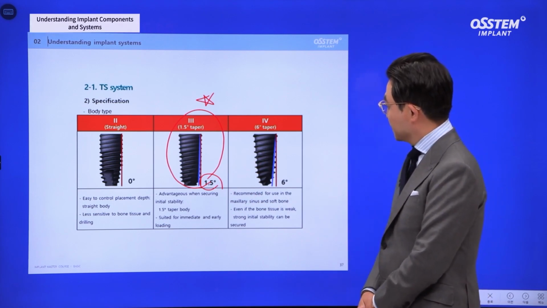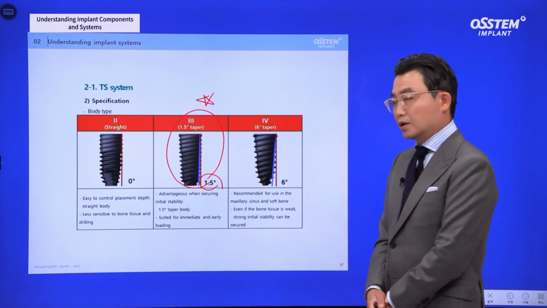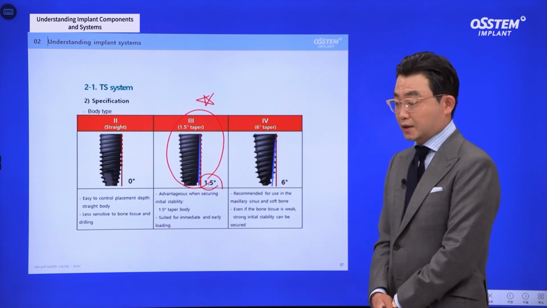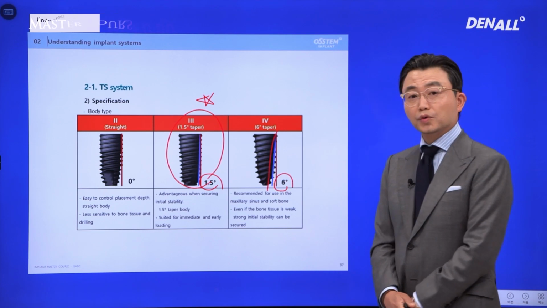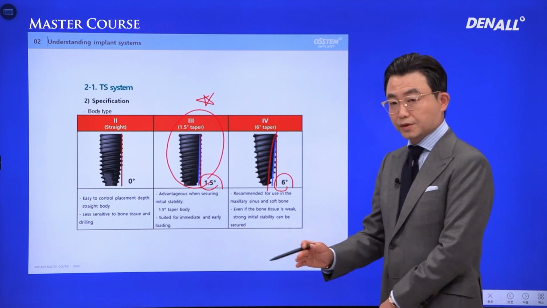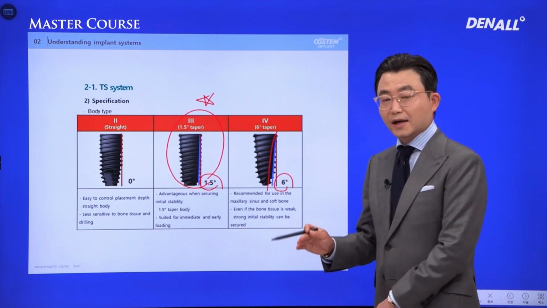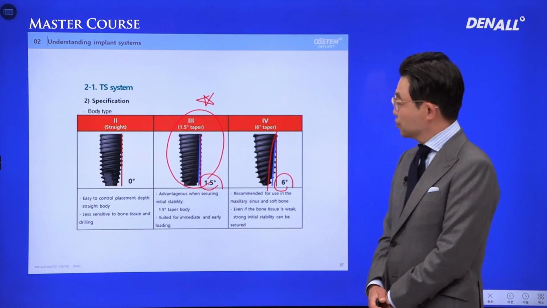The next implant is not routinely used because it has a strong tapering, so it has stronger stability. So if the bone quality is bad in the maxillary area, for selective cases, we can use this.